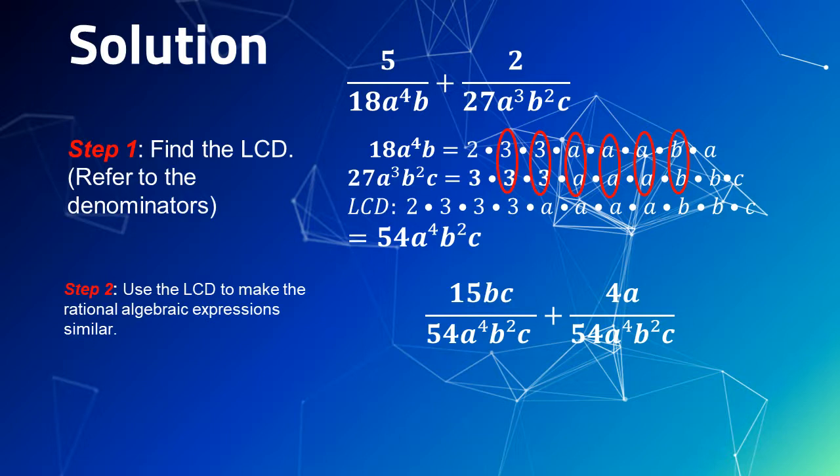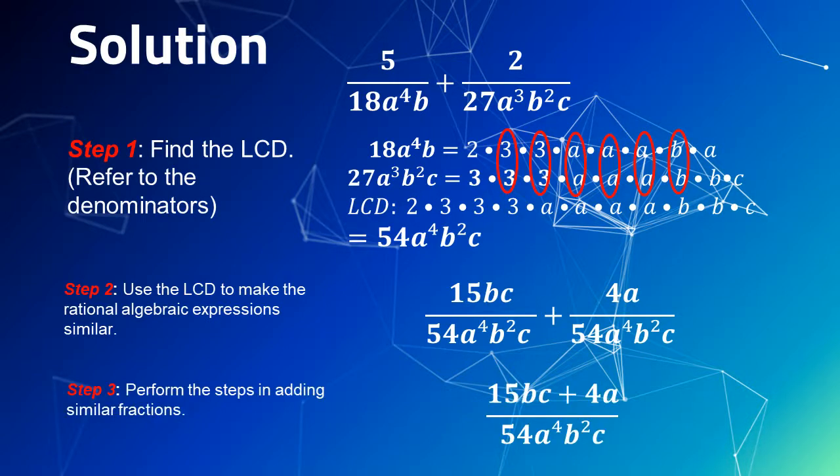So our least common denominator is 54a raised to 4b squared c. We are going to rewrite this one in such a way that the denominator is 54a raised to 4b squared c. To do that, you are going to divide this one by this.